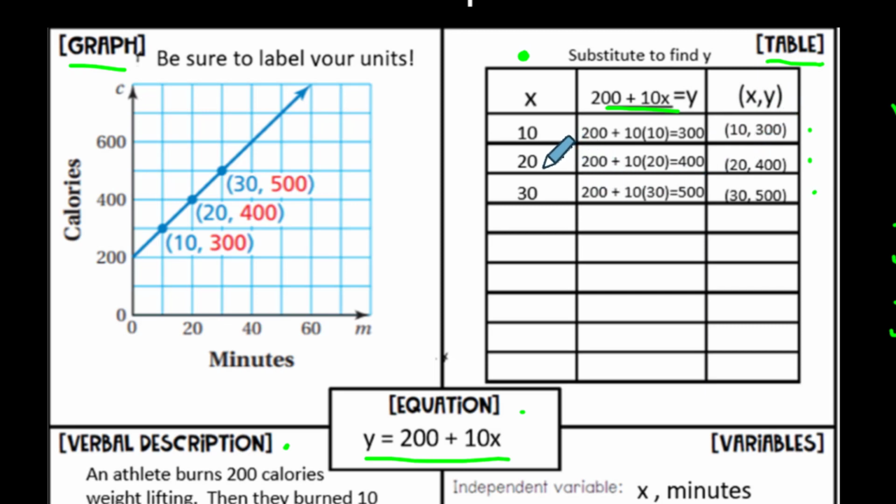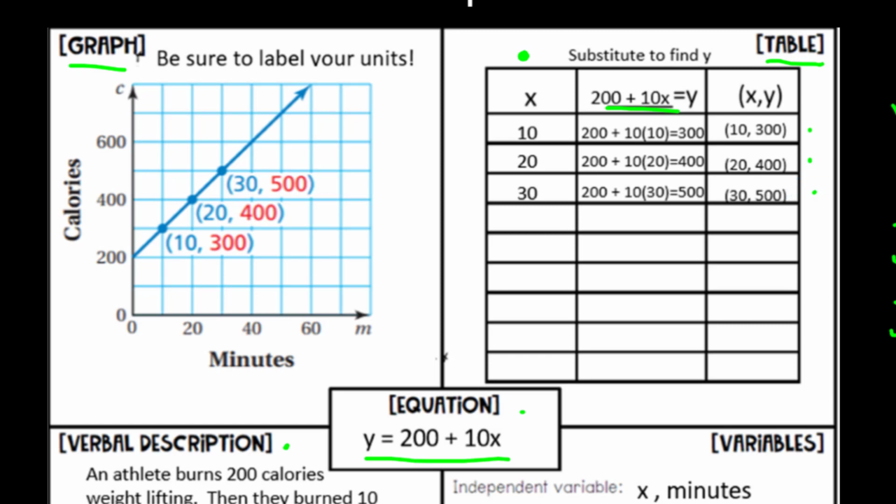When X is 20, substitute it in, you're going to get 400. So your ordered pair is when X is 20, Y is 400. Well, what about if X is 30? Substitute it in, solve using order of operations, you get 500. So you know that when X is 30, Y has to be 500.